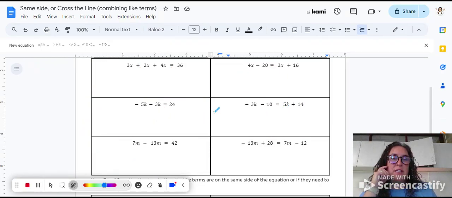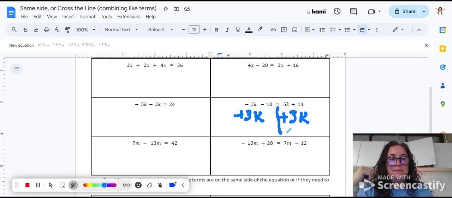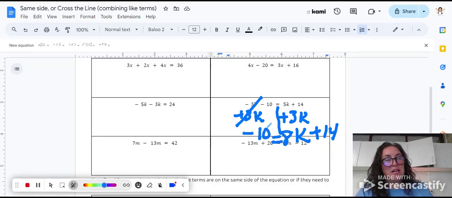All right, if we take a look at this next one, we have some k's on the left side of the equation line. We have some on the right, so let's get those together. So let's add 3k to both sides. We also have some plain numbers across the equal sign. We have negative 10, we have 14.